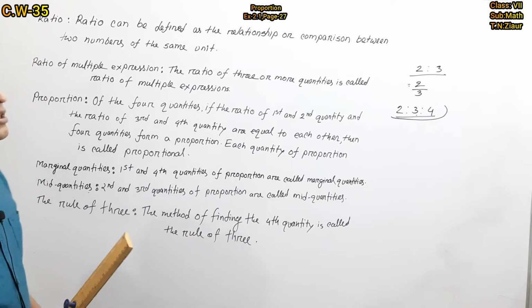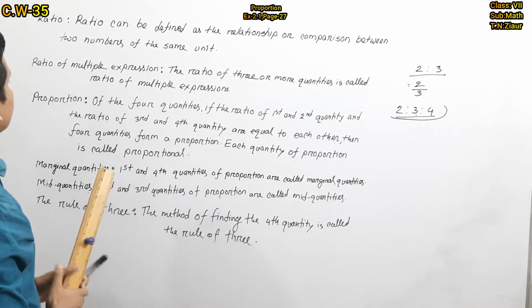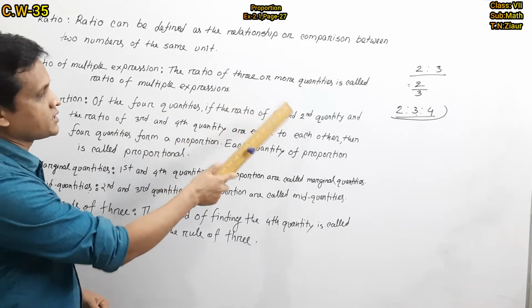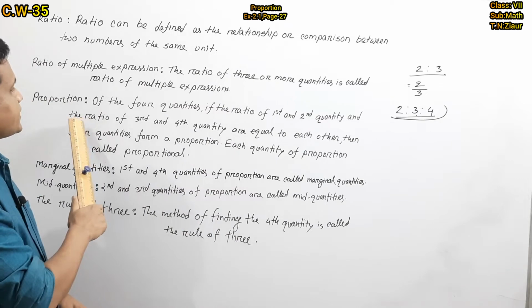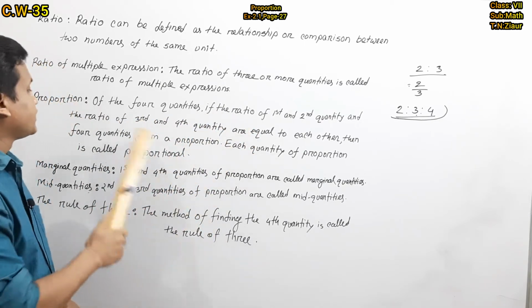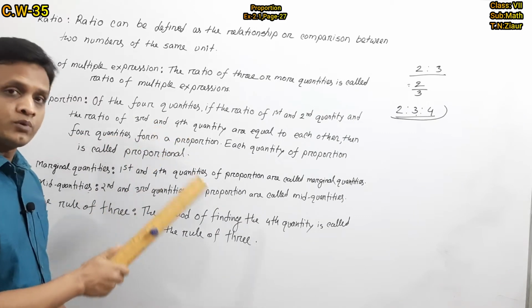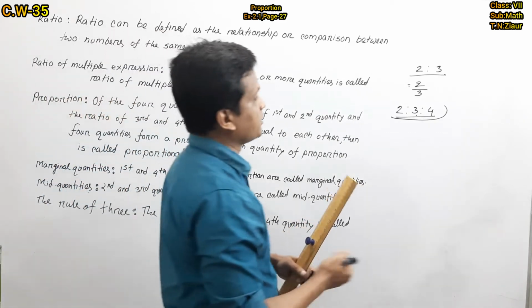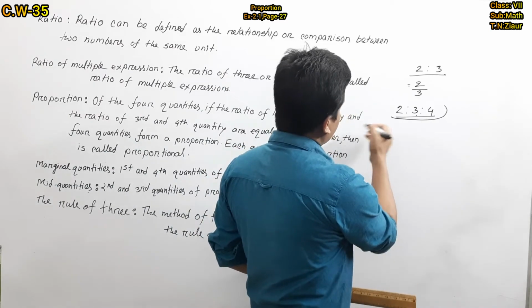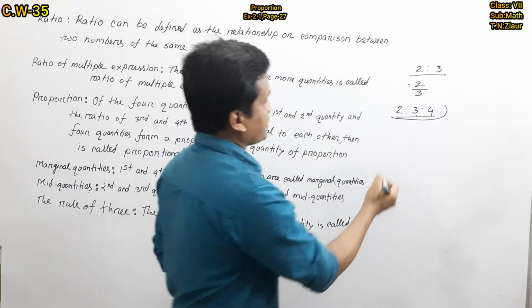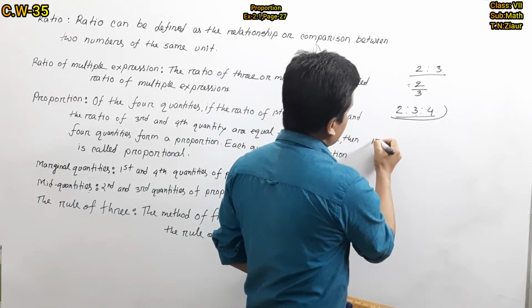Now students, we will discuss the proportion of four quantities. If the ratio of the first and second quantity and the ratio of the third and fourth quantity are equal to each other, then the four quantities form a proportion, and each quantity of the proportion is called proportional. Now, how do we write this definition?